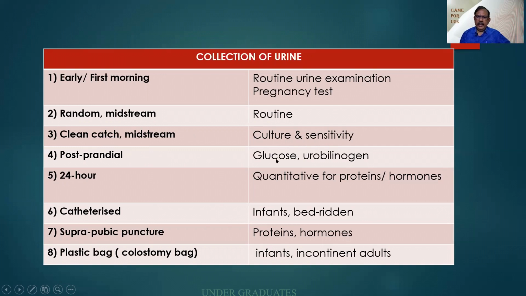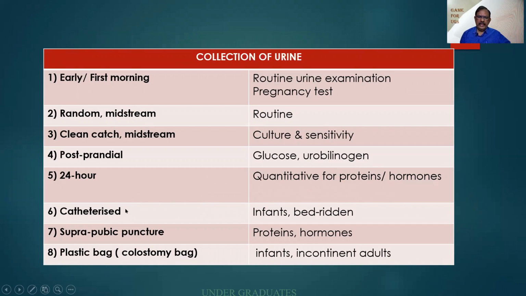Postprandial. It can be for glucose and urobilinogen. 24-hour urine for certain tests such as proteins. What is the 24-hour protein? Or for hormone assay. Sometimes I also introduce it for tuberculosis.